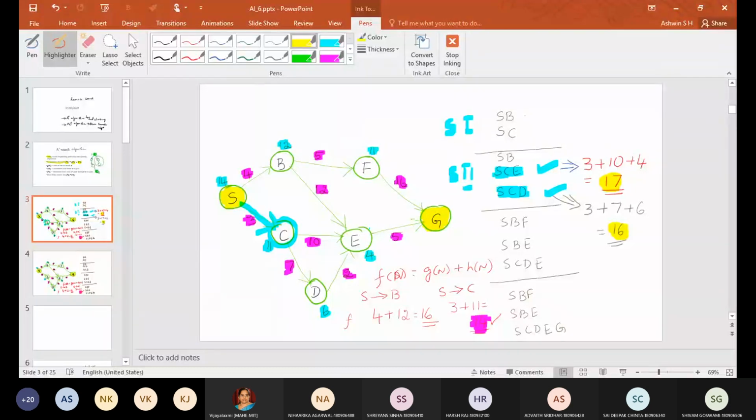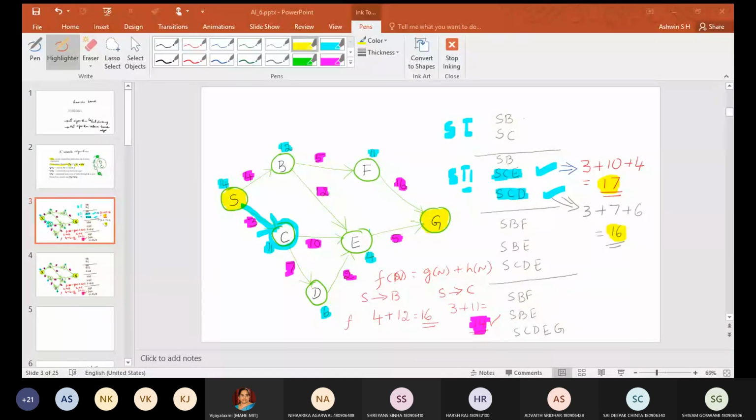Which node to expand? Any one of you? Which node to expand next?